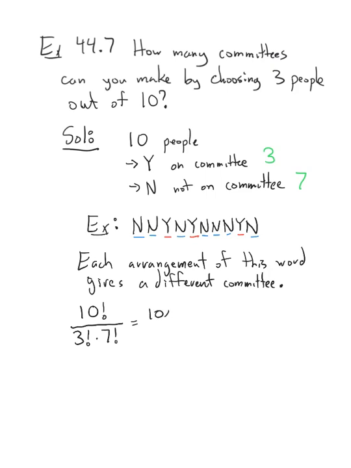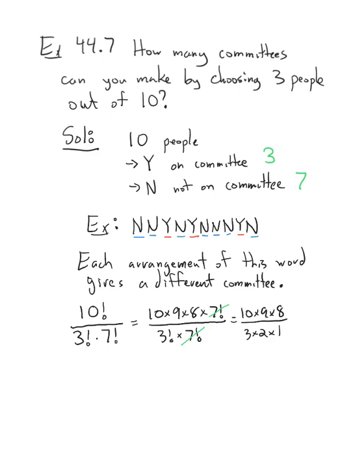So this is 10 times 9 times 8 times 7 times 6 times 5 times 4 times 3 times 2 times 1 over 3 factorial times 7 factorial. The 7 factorials cancel. And then this is 10 times 9 times 8 over 3 times 2 times 1.